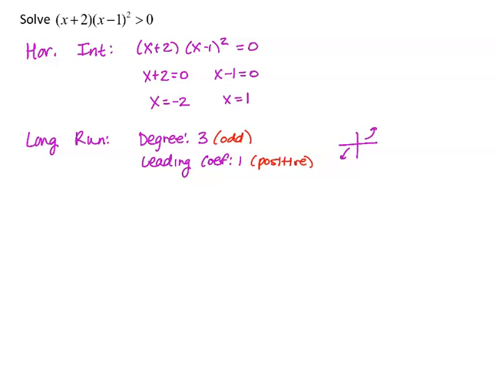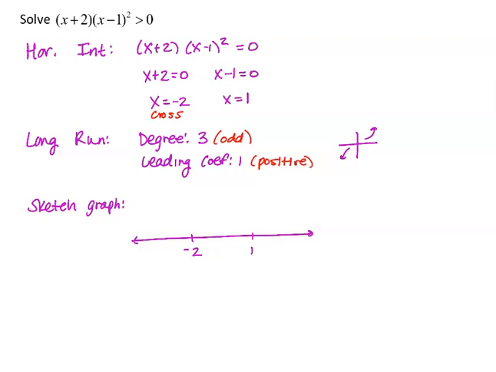So using this information, let's look at how we could sketch our graph. I'm going to draw just my horizontal axis, and I'm going to mark negative 2 and positive 1. One additional piece of information that we can use from our factors: because the factor of x plus 2 had an exponent of just 1, an odd exponent, we know that it's going to cross the x-axis at negative 2.